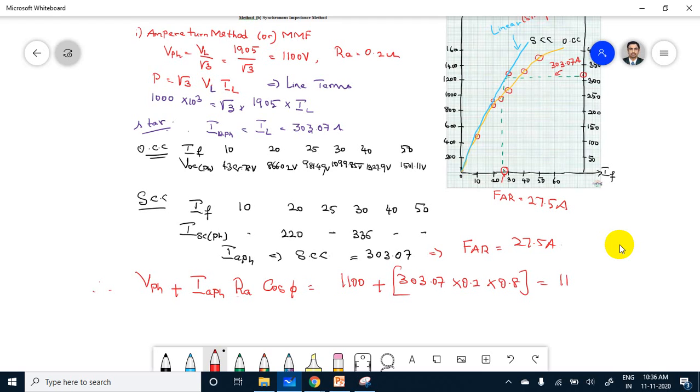We'll get 1148.5 volt. This one, this is 1100.